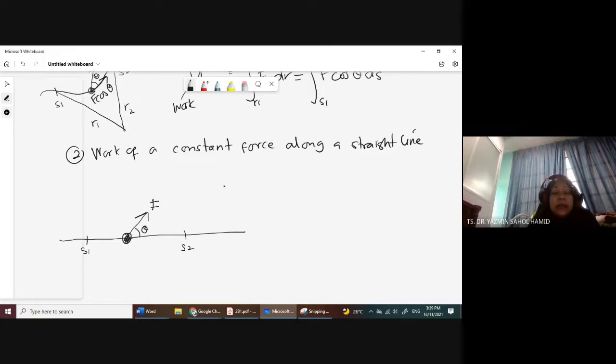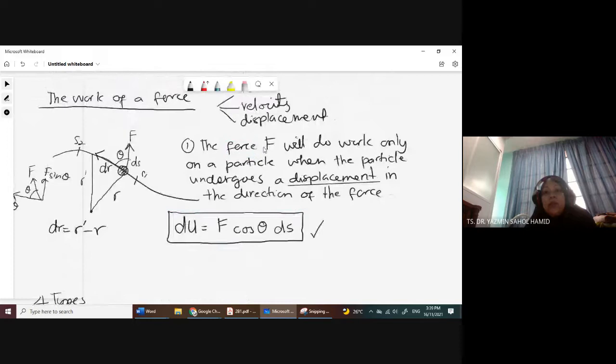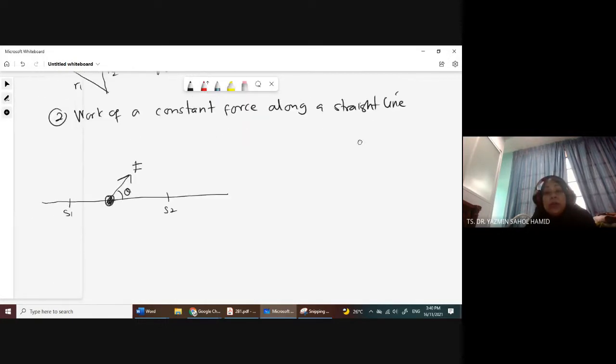So what is the key here? Remember, the force F will do work on a particle only when the particle undergoes a displacement in the direction of the force. What do I mean? If you want to find the work on the particle, the force must be in the direction of the displacement.